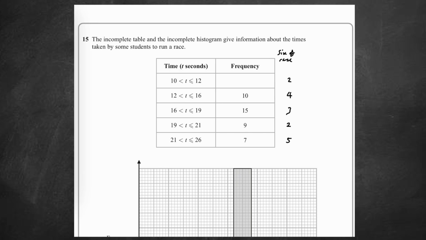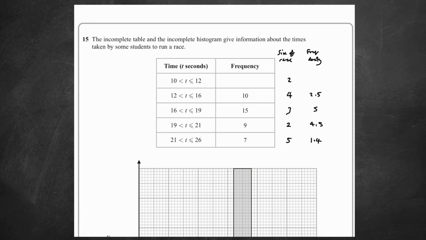Then frequency density is simply going to be frequency divided by the size of the range. So we're going to have something divided by 2, we don't know yet. 10 divided by 4 is 2.5. 15 divided by 3 is 5. 9 divided by 2 is 4.5. And 7 divided by 5 is, I'll do that on the calculator, a bit more difficult, 1.4.